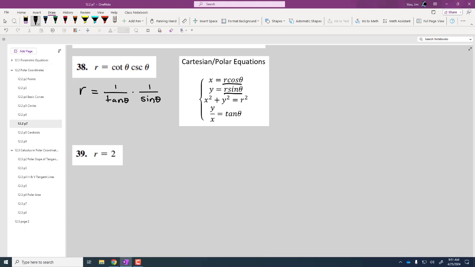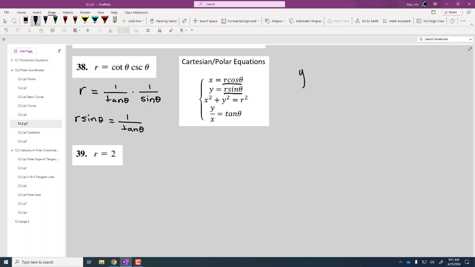When we look at the sine, it's all by itself. It doesn't have an r with it. But if we multiplied both sides by sine of theta, we could do this kind of grouping. And this is good, because r sine theta is y.